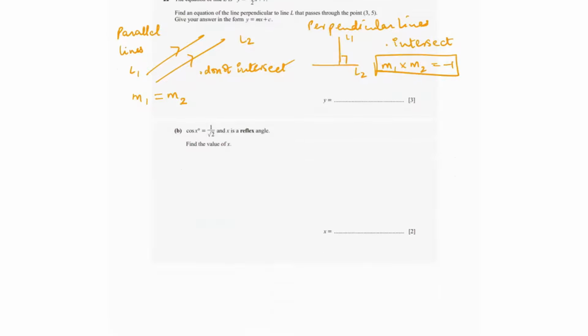Then we've already discussed the question for this, but one thing over here. You need to know the different types of angle. Any angle that's less than 90 is acute. This is your 90 degrees, so that's a right angle.